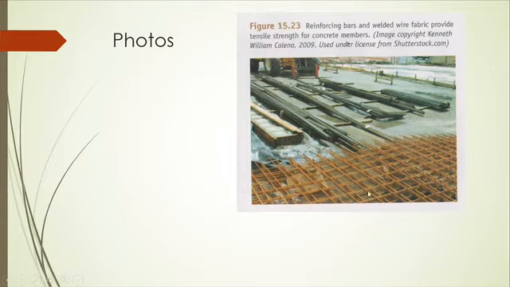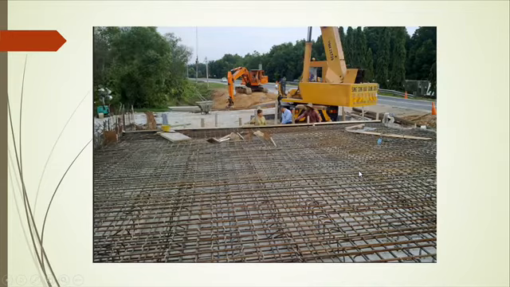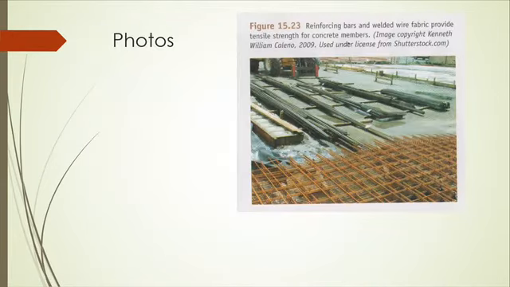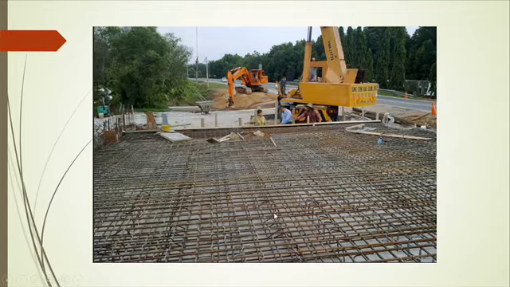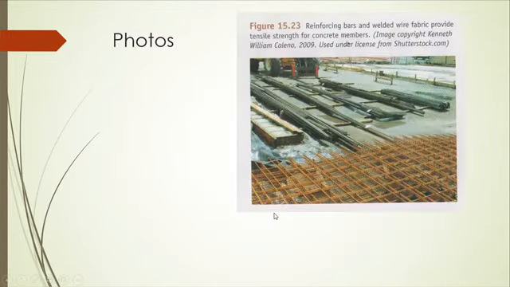At the bottom of the figure here shows the BRC. We often call it BRC, but the term is welded wire fabric, which is often used for slabs, because you have a large prefabricated arrangement, so you can just lay the BRC there.